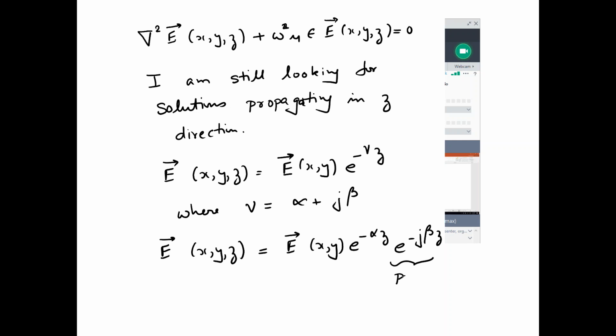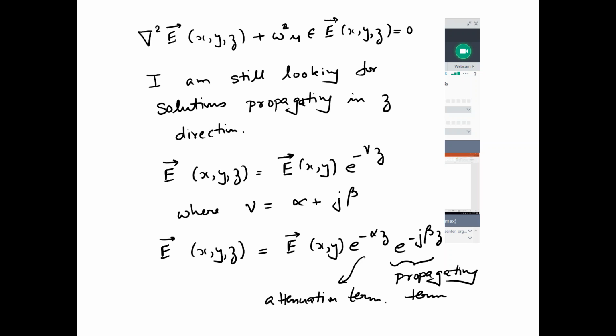This is your propagating term, and this is your attenuation term. e to the minus j beta z tells me how the wave is traveling in z direction, and e to the minus alpha z tells me, as the wave is traveling in z direction, how much energy it is losing to the material. Is there any loss as it is propagating forward? How is that loss being created?